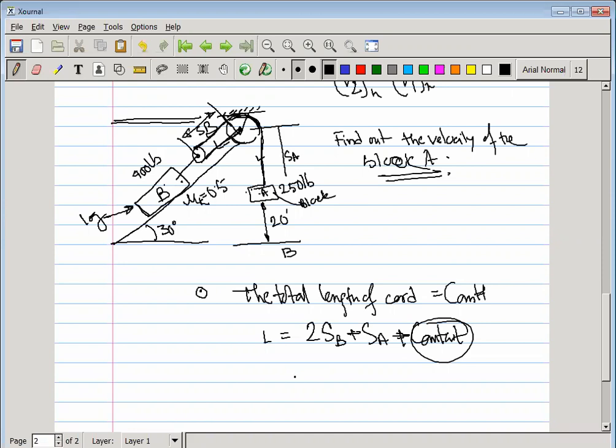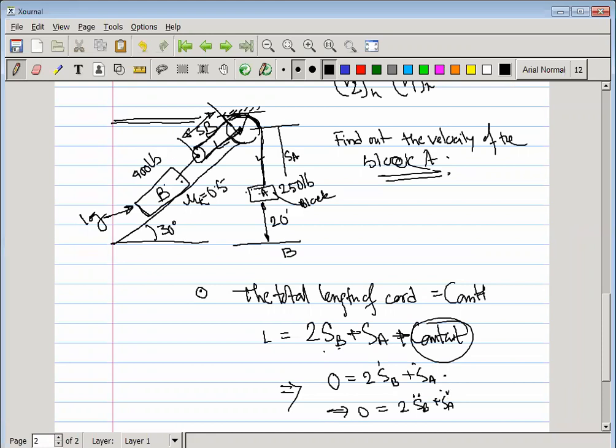Okay, so from here, if we find the relationship between the accelerations of the two, we take the first derivative: 0 is equal to 2 S_B dot plus S_A dot, and the second time derivative: 0 is equal to 2 S_B double dot plus S_A double dot.